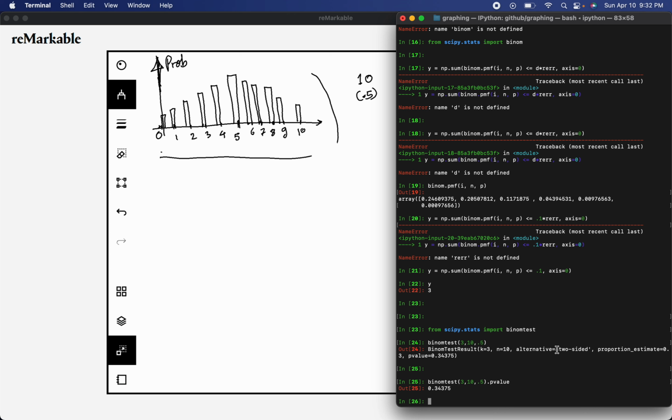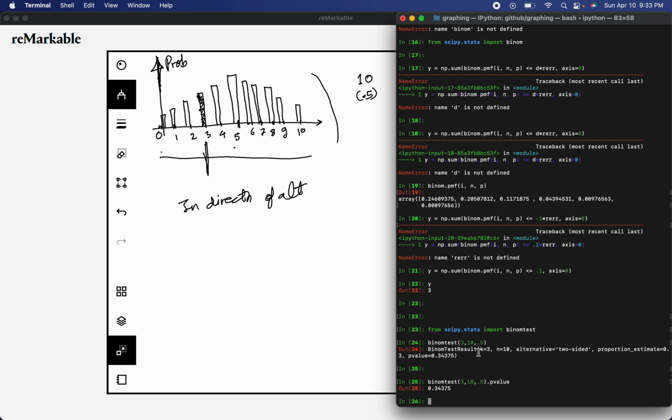Here, by default you have two-sided, and in the case of a one-sided alternative, let's say you got three heads, right? You would say, what is the probability of seeing something as or more extreme than the observation I saw, in the direction of the alternate, right? So here, you got three heads.